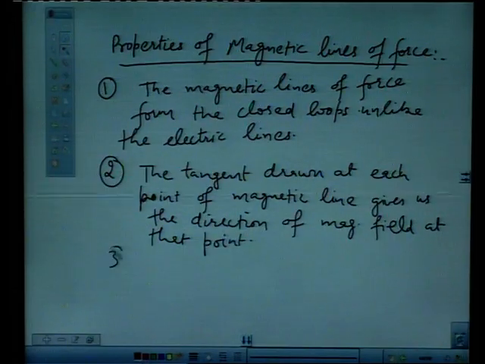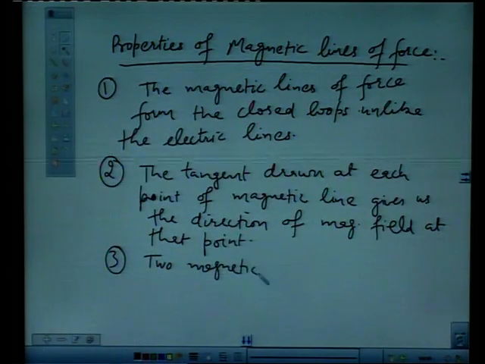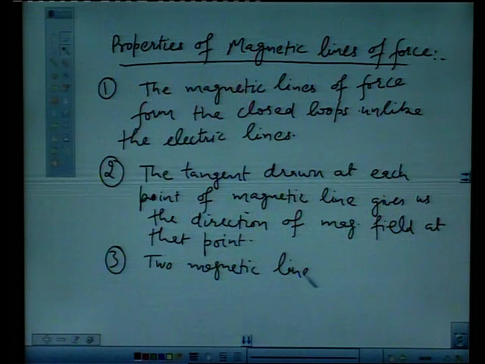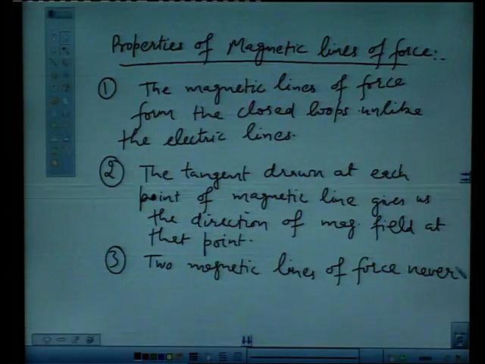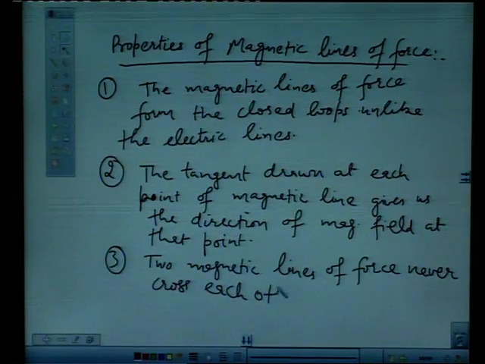The third is two magnetic lines of force never cross each other.